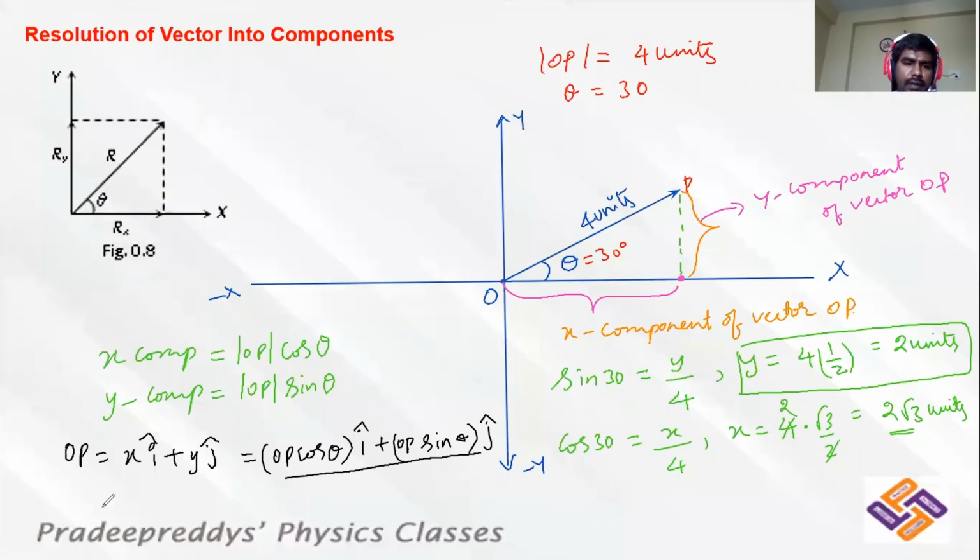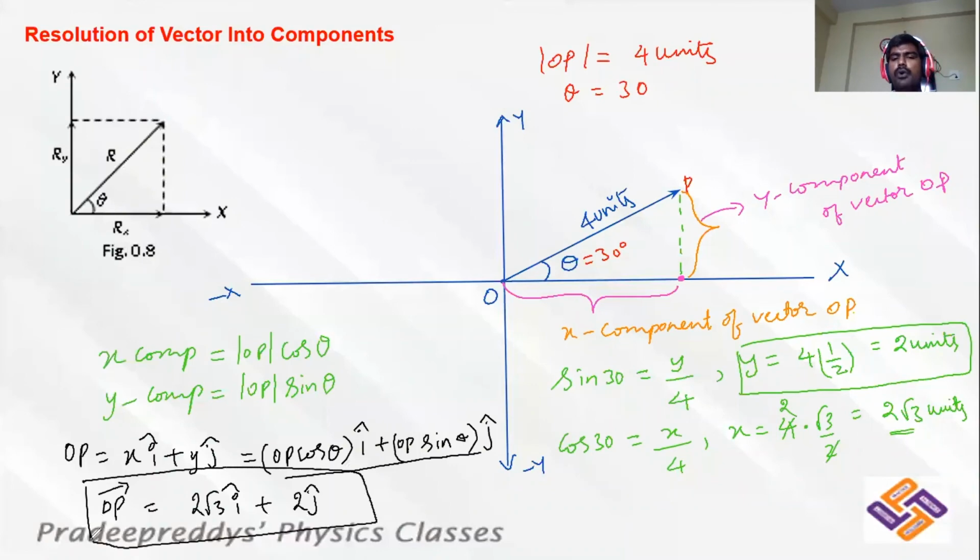So OP vector is equal to, along x-axis it is 2 root 3 I cap plus 2 j cap. This is the vector notation of the given magnitude OP, right? So in this whole slide, with my explanation, you are able to understand that OP is a vector whose magnitude is known and the angle made by that vector with x-axis is known to you.